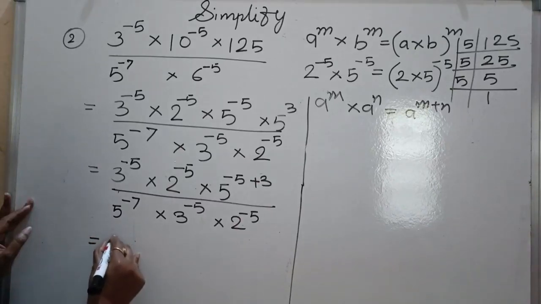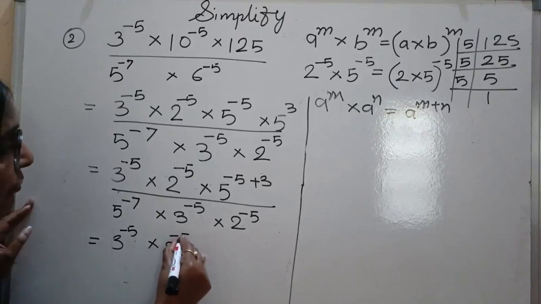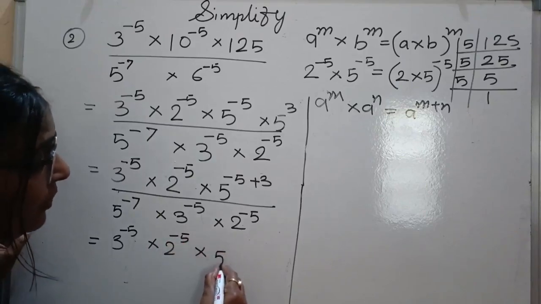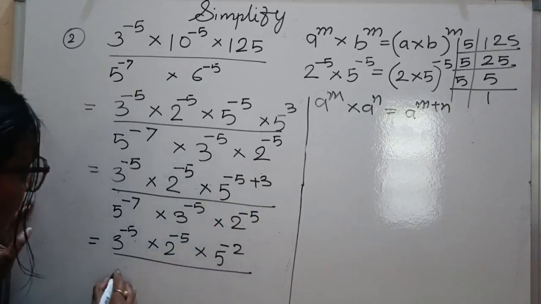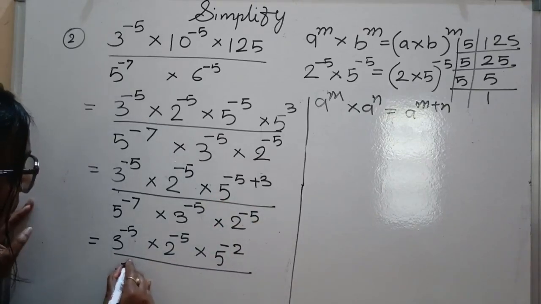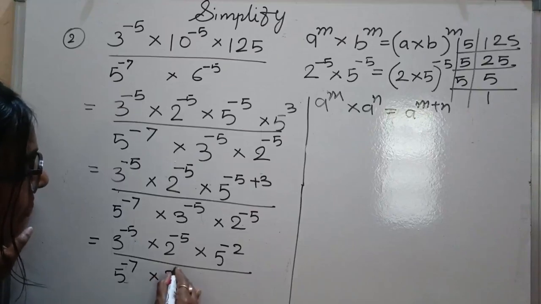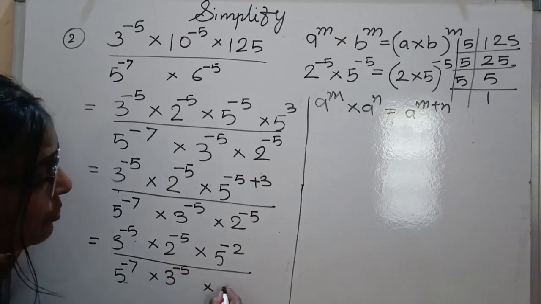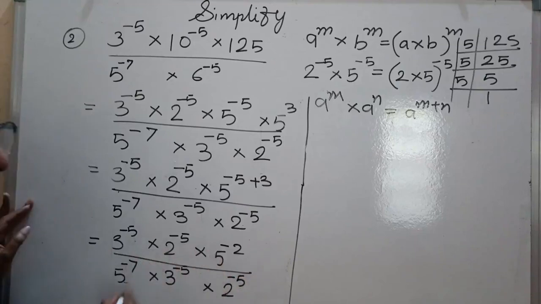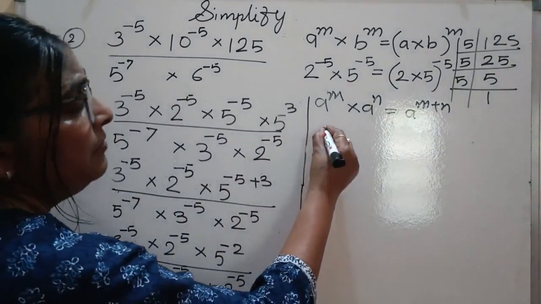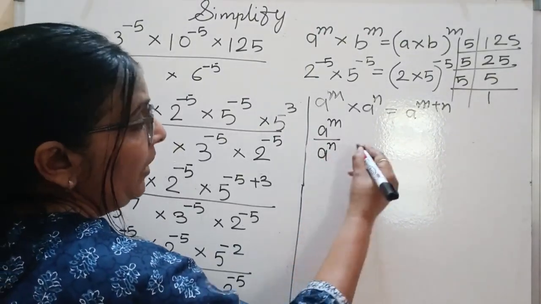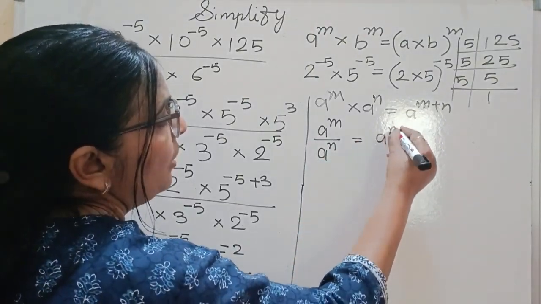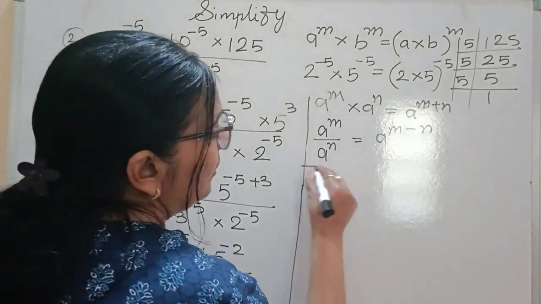So write it again. 3 raised to minus 5 into 2 raised to minus 5 into 5 raised to minus 2 here. In denominator, 5 raised to minus 7 into 3 raised to minus 5 into 2 raised to minus 5. Now I am going to apply this law. A raised to power m divided by a raised to n is equals to a raised to m minus n.